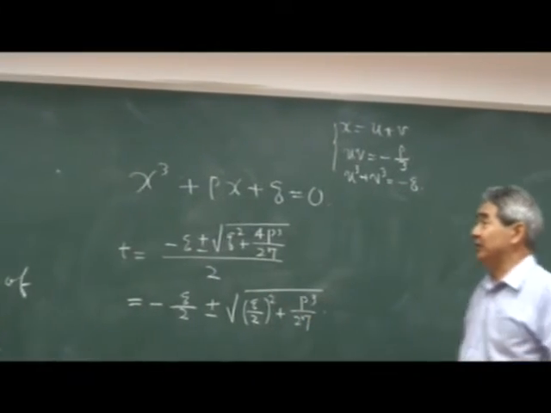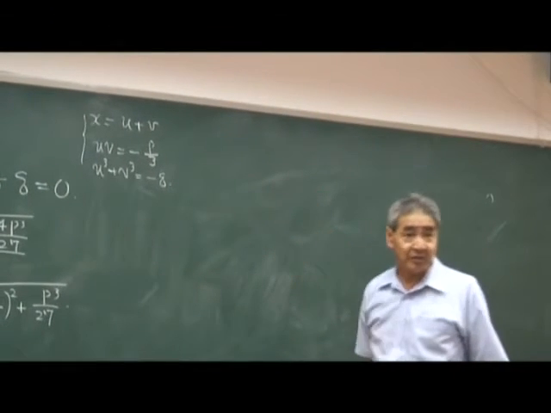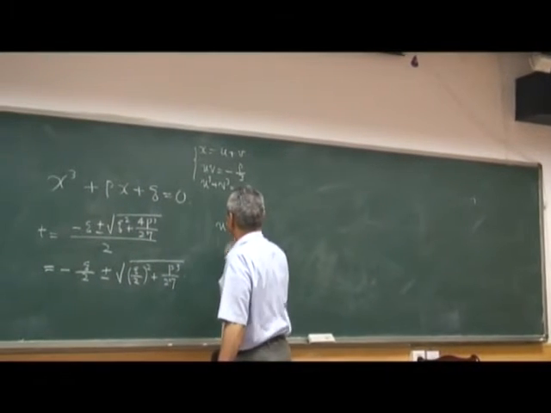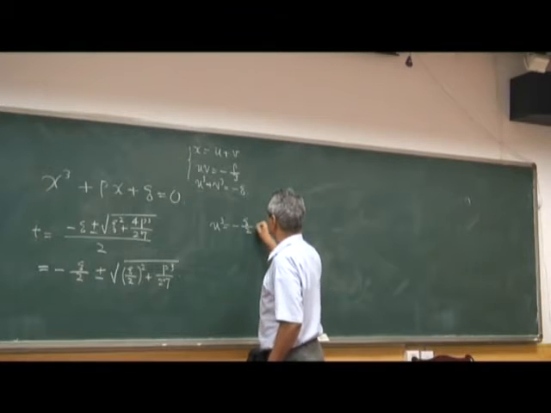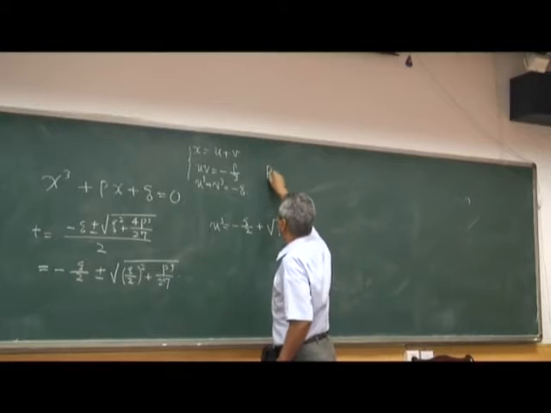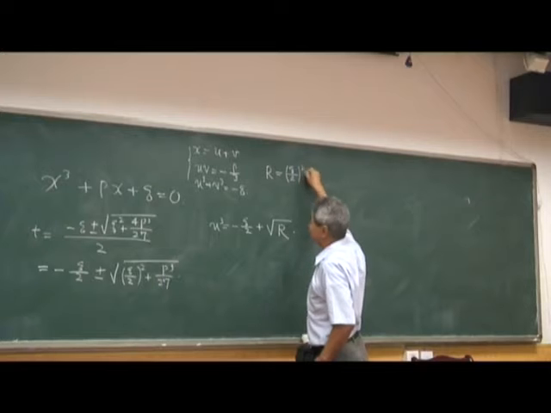And if you look at this expression, U and V are symmetric. So you can choose, for example, you can assume that U cube equals 2Q plus. So for simplified notation, I use the following notation.